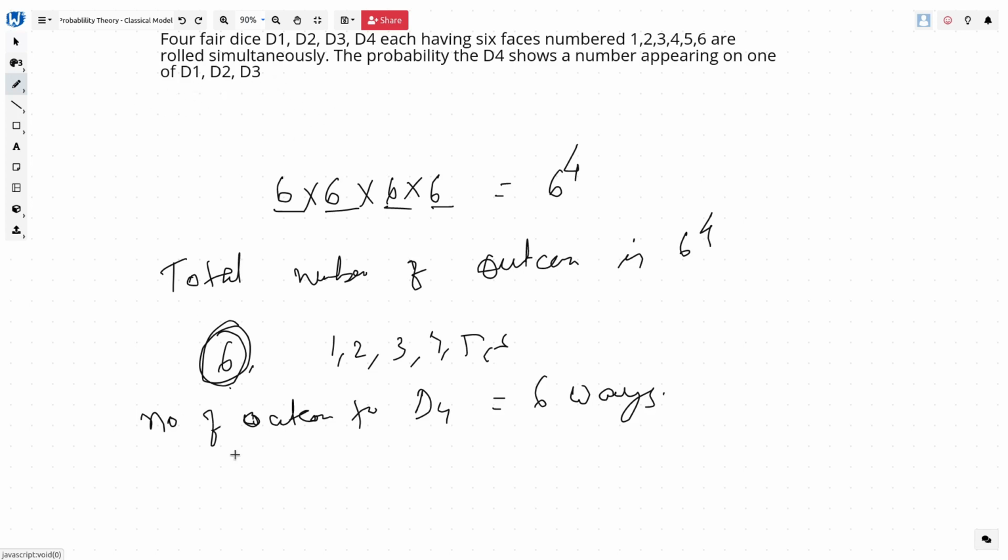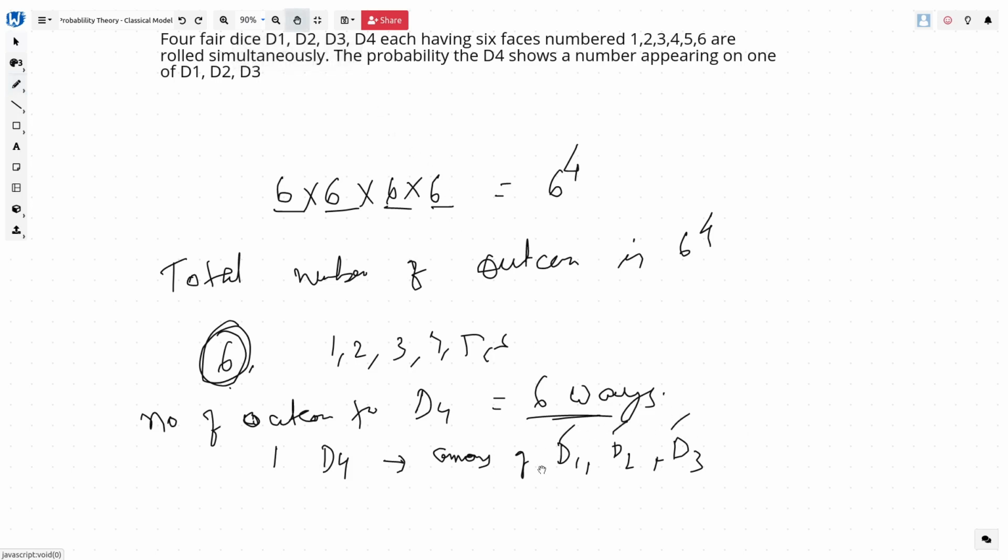Now we see that only in one of D1, D2 or D3 the same number appears. So let's say the number 1 appears on D4, right? So there are 6 ways, please note, so 2, 3, 4, 5, 6 can come. Now among D1, D2 and D3, this one has appeared, either here or here, only one place, right?